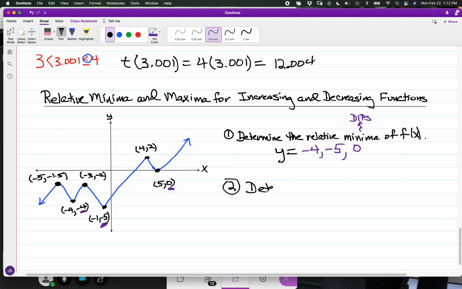And for the second question, it says determine the values where the relative minima will occur.